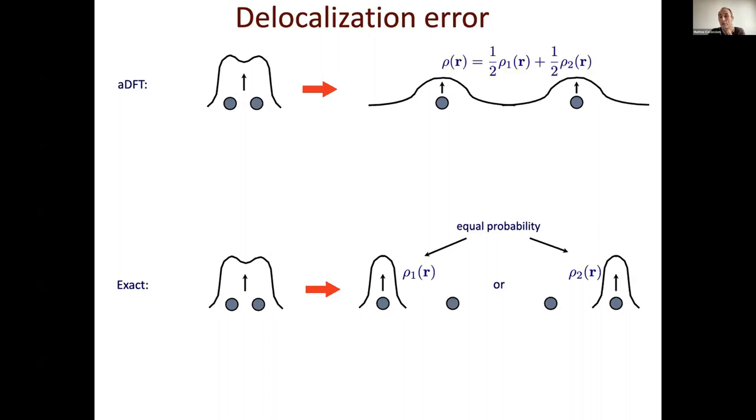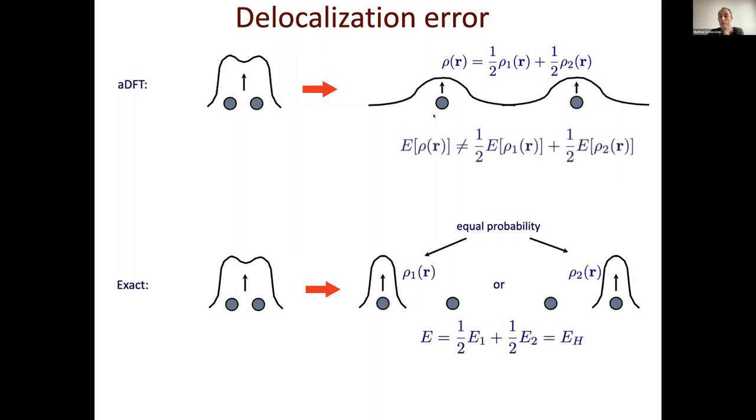And this is not actually wrong from the point of view of DFT because it conveys the idea that these two solutions, okay, have equal probability. So if you overlap the two densities, you actually end up with something like this, okay? The problem is that the energy is not right. So in here, of course, the energy should be a linear combination of the two, or equal to the energy of isolated ions, and you don't get anything like that in here.